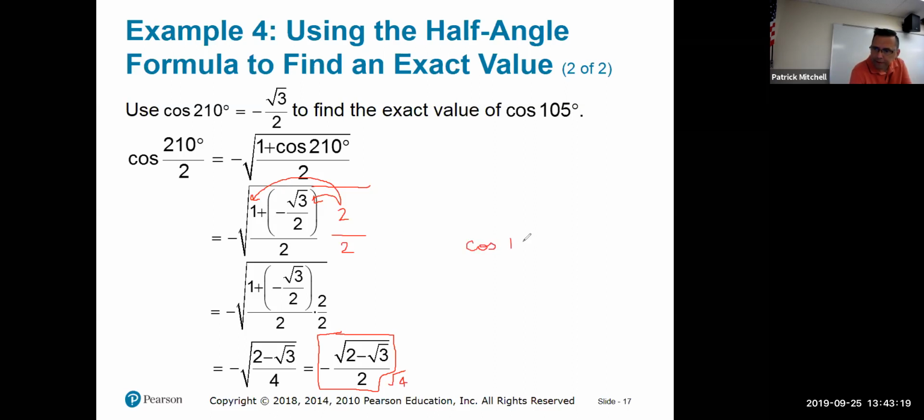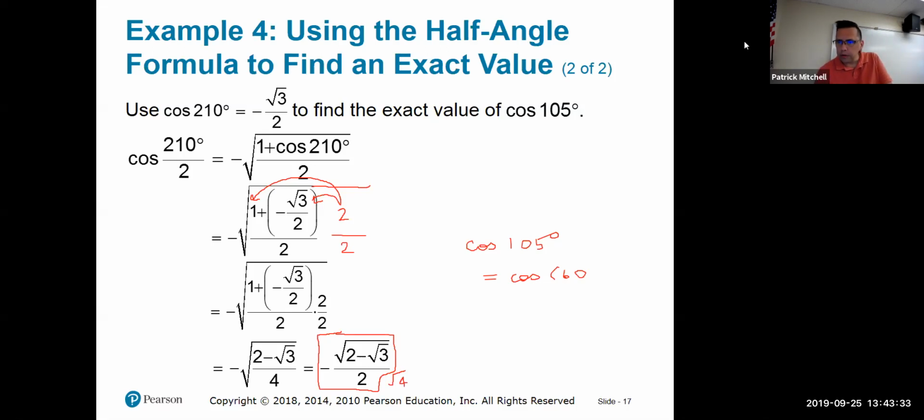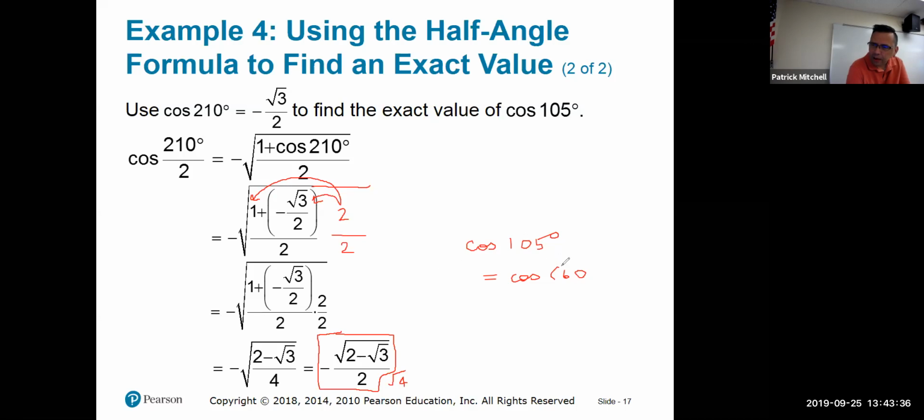Do this problem again, find the exact value of cosine 105 degrees by thinking of 105 degrees as the cosine of 60 plus 45 degrees. And then use your addition formula for cosine. Cosine, cosine minus sine, sine. You get the same answer, but it looks completely different. And so then what you can do is just use your calculator to check that they are in fact the same value, because they definitely don't look the same.